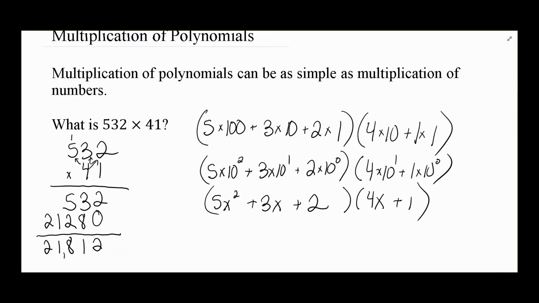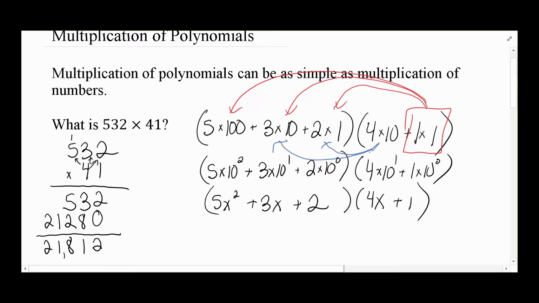Mathematically, what happened is we used the distributive property. That first step of multiplying 1 times everything was I distributed this 1 to all 3 of those. And then multiplying by the 4 was also distribution. I distributed the 4 to each of those, but it was actually 4 times 10, and that's why we put the extra 0 at the end, because we actually were multiplying by 40, not by 4.